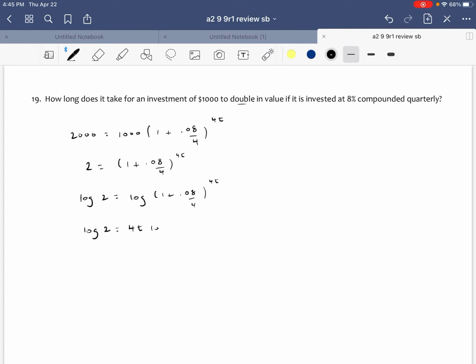And I'll type it out. Make sure you group the entire bottom with parentheses. 8.7507. And this answer will be in years.